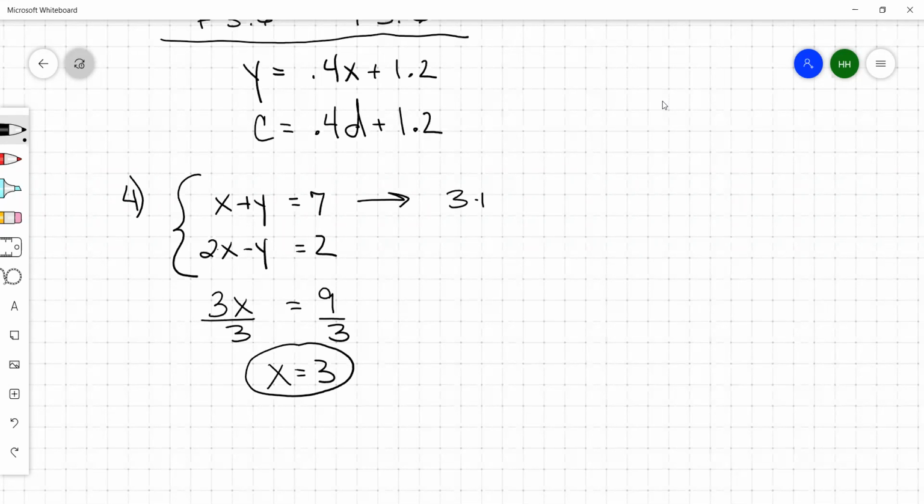So 3 plus y equals 7. Subtract 3 from each side, and y equals 4. Those are your x and y values that make both equations true.